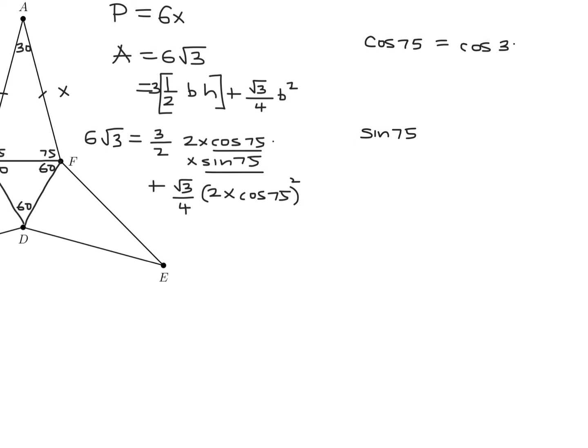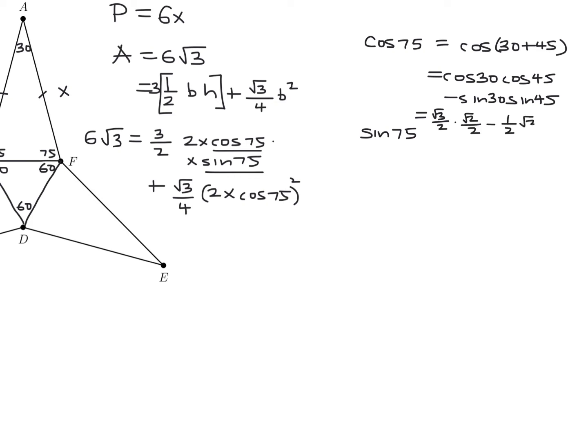Remember, it's cos of 30 plus 45, and then this is going to be cos 30 times cos 45 minus sine 30 sine 45, and then the cos of 30 and the cos of 45 you should have memorized. Root 3 over 2, root 2 over 2, and then minus 1/2 root 2 over 2.